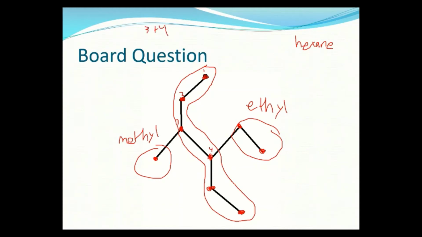Or we can count it as 1, 2, 3, 4. We get 3 and 4 no matter what. So we're going to give our lower number to our lower alphabetical. So 3 goes to the ethyl, 4 goes to the methyl, and then we name it alphabetically. So 3 ethyl, 4 methyl, hexane.